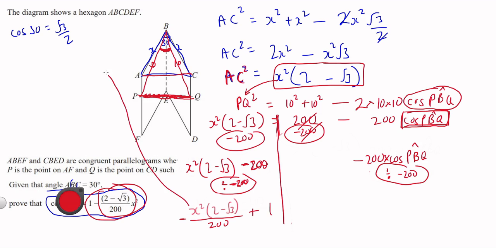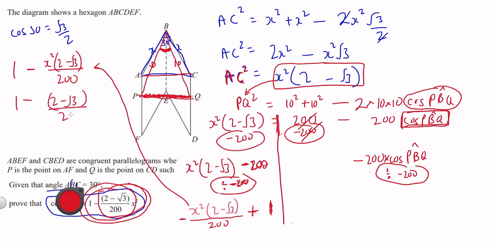Let me just carry on working over here. Now I'm going to swap these two parts around. I'll put the 1 first, and then the negative expression last. Just to make it look like what I've got here, I've already got the answer now. It's 1 minus 2 minus root 3, that bit is over 200.